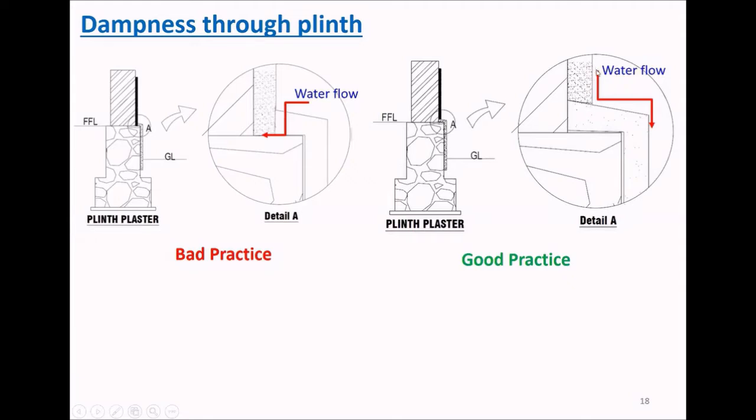Then there is no chance for the water to go in. Water always flows outside. In some places we advised people to do this, and it was a success. The water flow stopped, and the fungus also stopped.